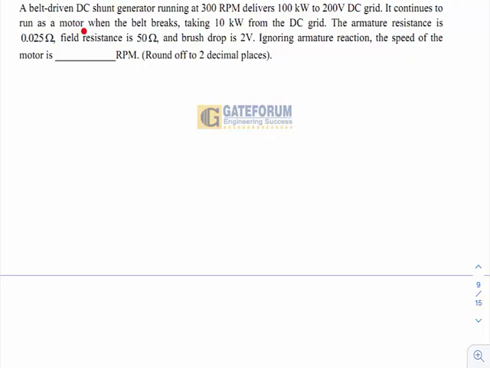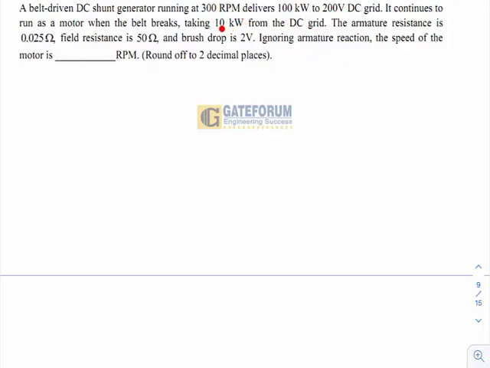It continues to run as a motor when the belt breaks, taking 10 kilowatt from the DC grid. Okay, so initially it was a DC shunt generator and the speed was 300 RPM. Okay, and it was delivering 100 kilowatt to a 200 volt DC grid. Now, when it is running as a motor, it takes only 10 kilowatt from that DC grid.